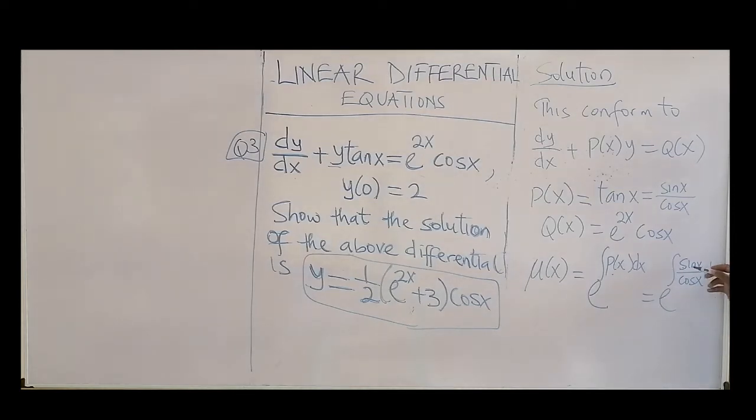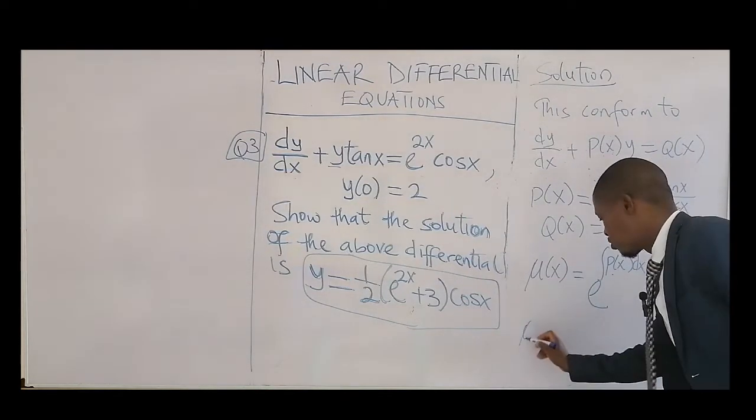And then if you want to integrate sine over cos, the question you should ask is, what is the derivative of this? The derivative of cos x is equal to minus sine x. Is it the same in the numerator? In this place now, it's almost the same. So we're going to force it, we're going to make it the same.